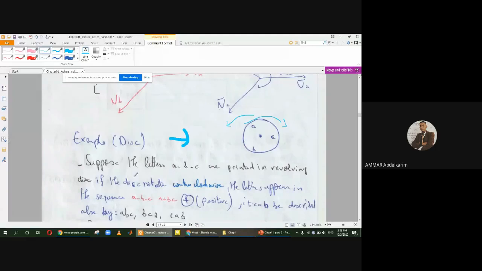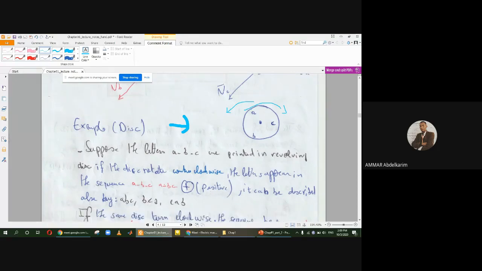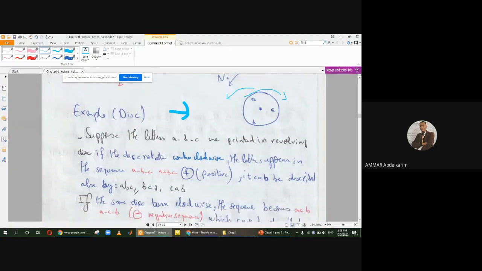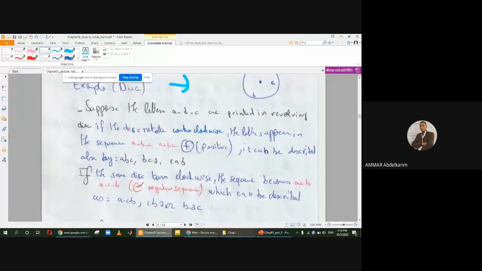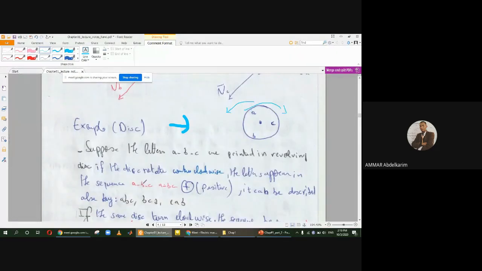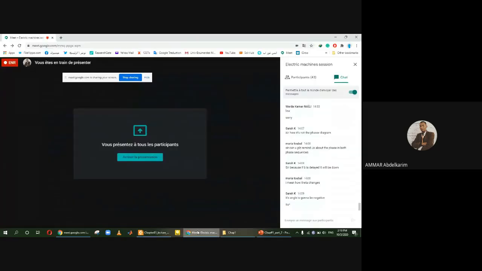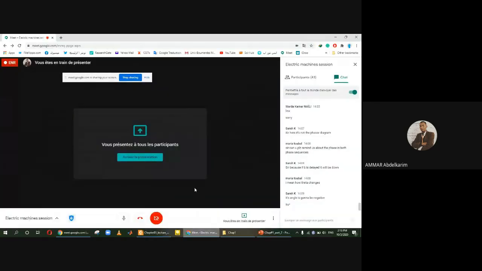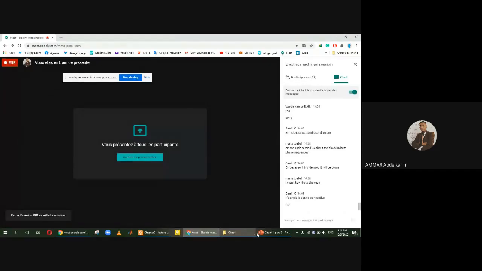If the disk rotates counterclockwise, the letters appear in sequence ABC. So it's positive. It can be described also as BCA or CAB. If we rotate it to the other direction, we are going to pass to the other phase sequence.